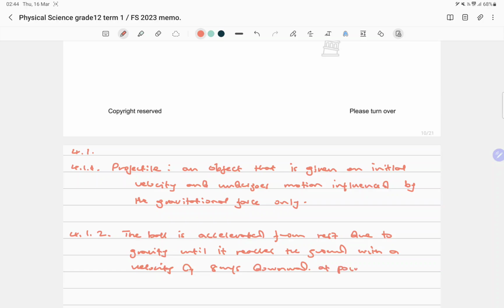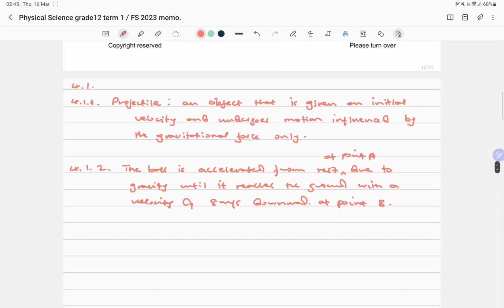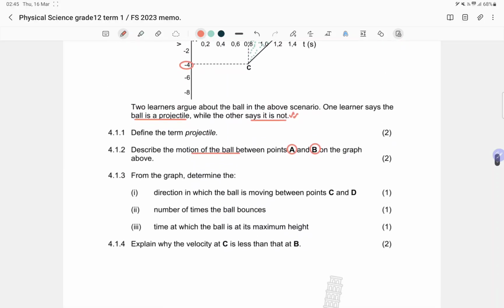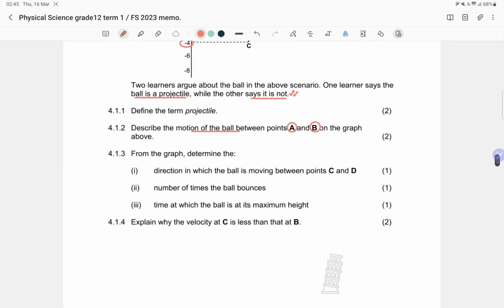So the ball is accelerated from rest due to gravity until it reaches the ground with a velocity of 8 meters per second at point B. Okay, maybe we can say from rest at point A. It is accelerated from rest at point A due to gravity until it reaches the ground with a velocity of 8 meters per second downward at point B. Sounds complete to me.